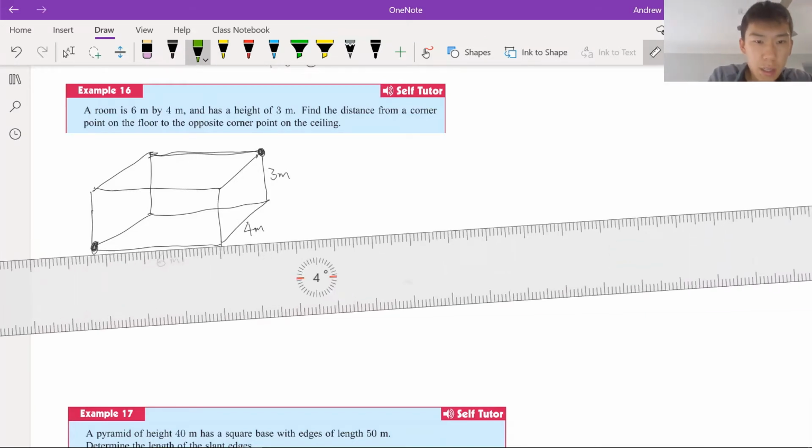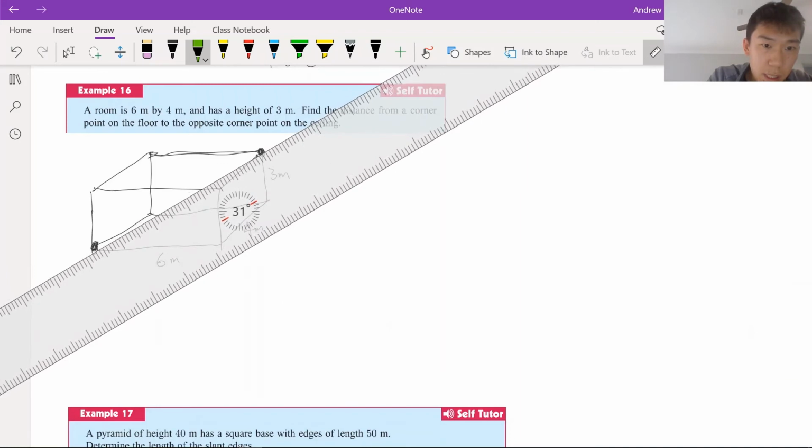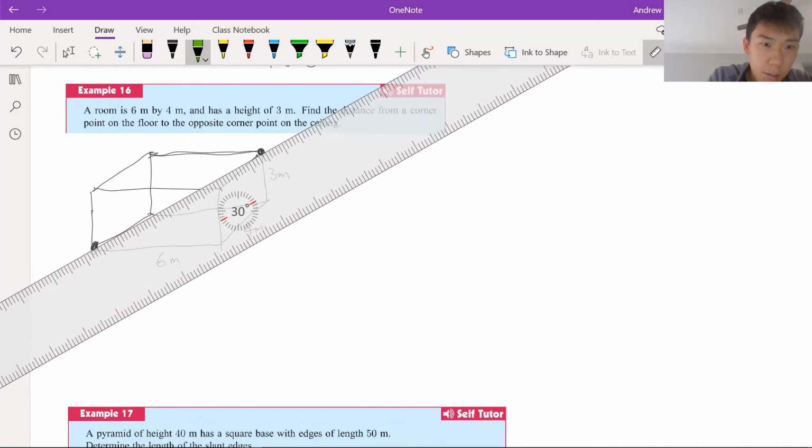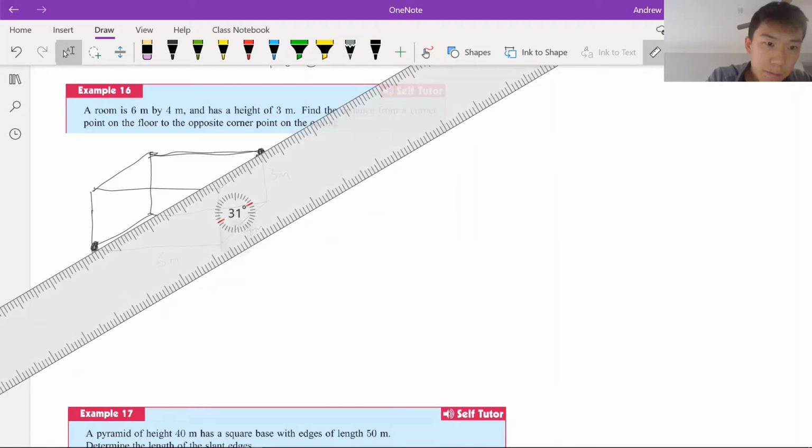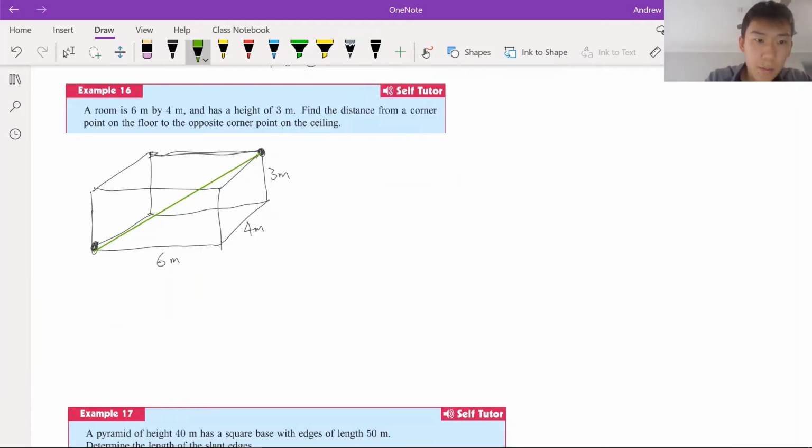Picture this in 3D. It's probably one of the trickiest parts about 3D, just trying to imagine it. But hopefully it's not too bad. So it's not a perfect line, but that's the line we want to find. Distance, D for distance.